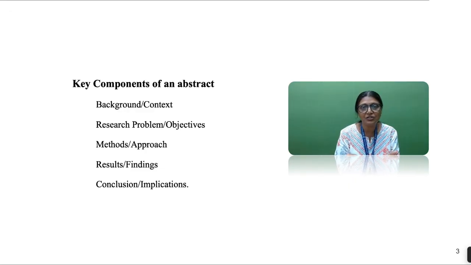That mention should be the fourth component of the abstract, the results of the experiment. The findings that the researcher has found by conducting the experiment or the research become the next important component of the abstract. And then the final component, the conclusion, comes. Based on the findings, the researcher makes out the implications in the area of research, which becomes the final component of the abstract.